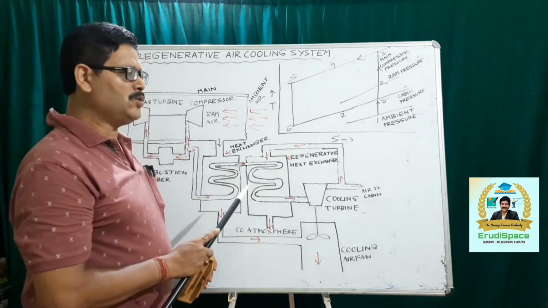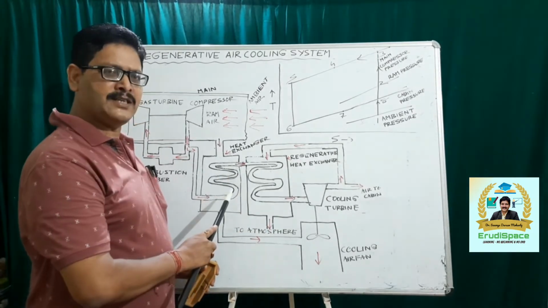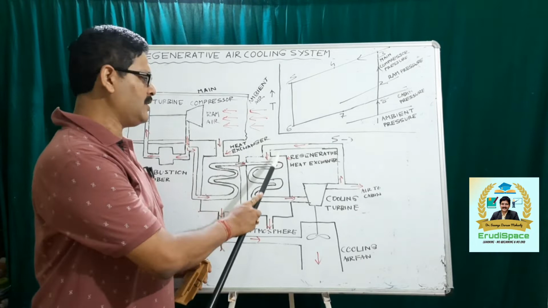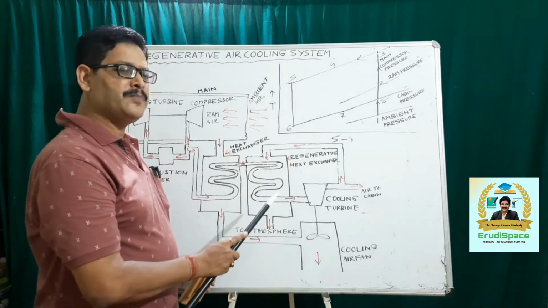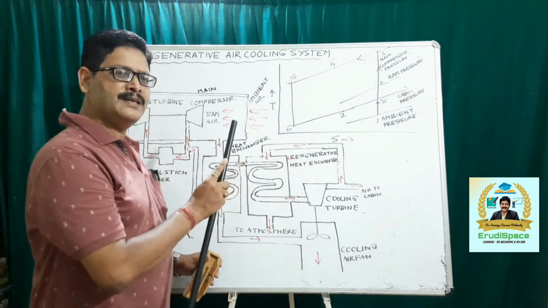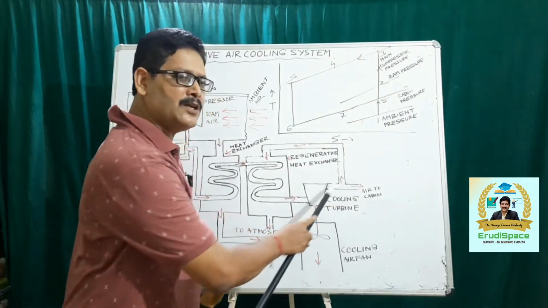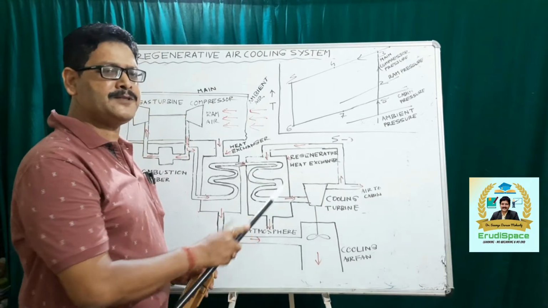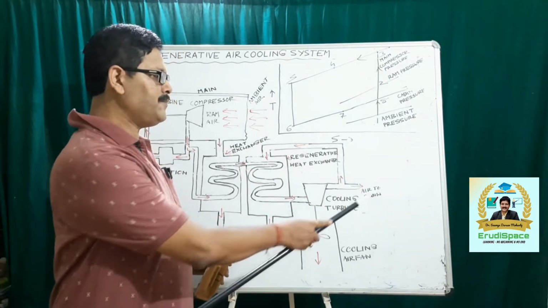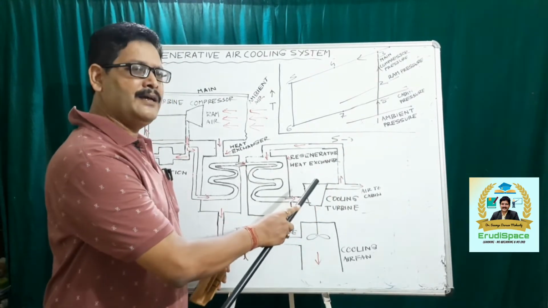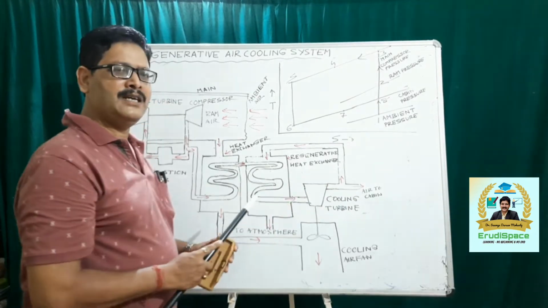So after passing through two heat exchangers, that is the first heat exchanger and the regenerative heat exchanger, the temperature is significantly reduced. So as it enters the cabin or cockpit, it receives heat from the medium to be cooled, thereby producing the desired cooling effect.